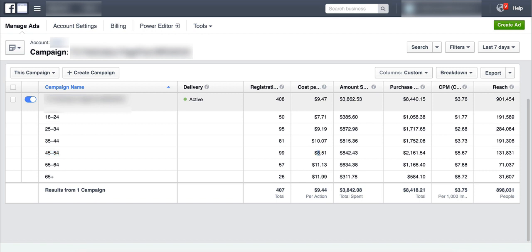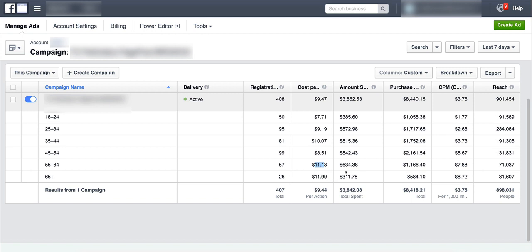And your cost per conversion goes down from what was trending upwards to $10 to $11 down to $8.50. But then look at this: your 55 to 64-year-olds, your cost per conversion is $11. Spent $600 to make $1,100, and 65 plus year olds $11.99.